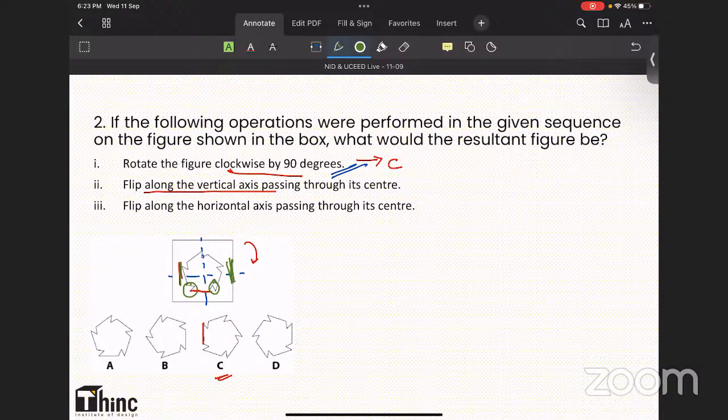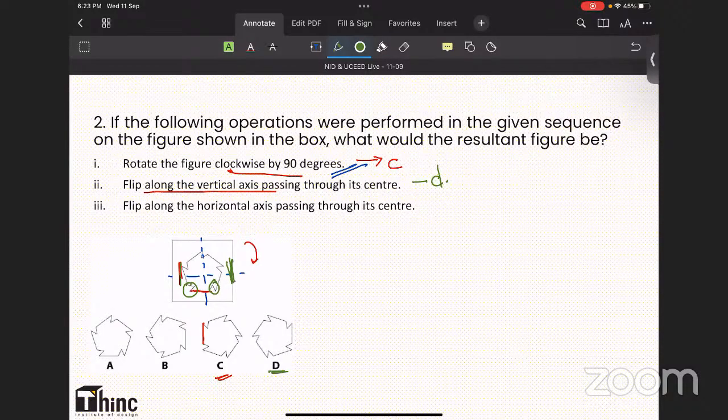That is what we want. Those two things have happened in option D. So a flip along the vertical axis passing through its center will give you a picture like option D. You guys can also have a close look.